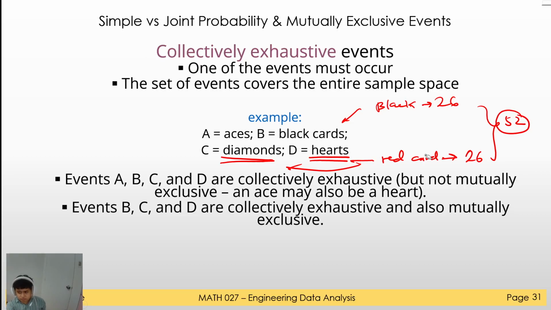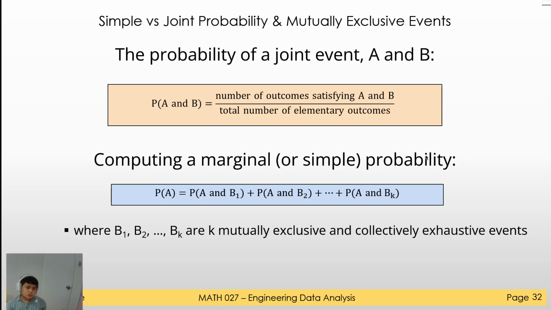So we can add a principle to this, wherein the probability of a joint event happening, meaning it has a characteristic of both A and B events, is equal to the ratio of the outcomes that satisfy both, or the intersection, and the total number of elementary outcomes, meaning the sample space.